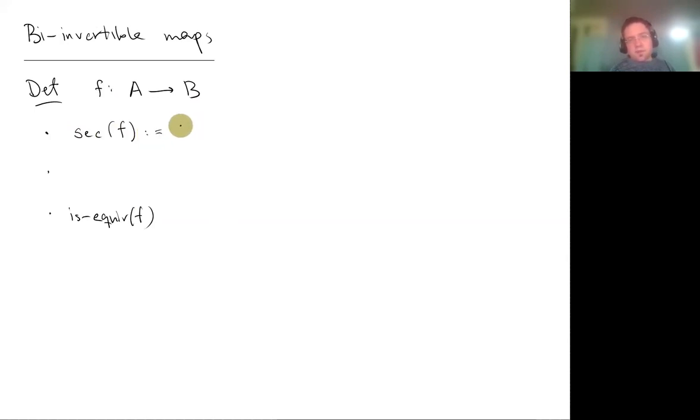This is a dependent pair of a g going in the other direction and a homotopy f after g homotopic to the identity on B. So this, remember, is what it meant for f to be a split surjection.